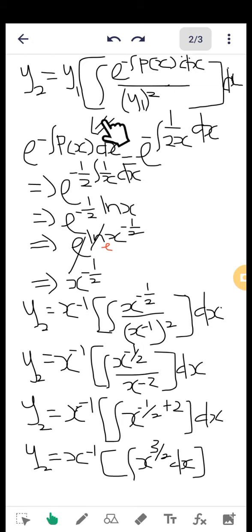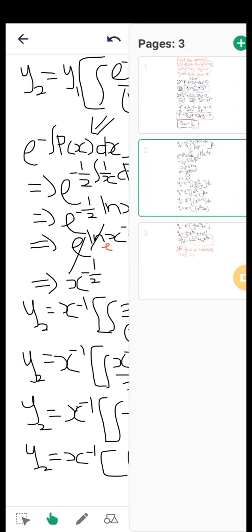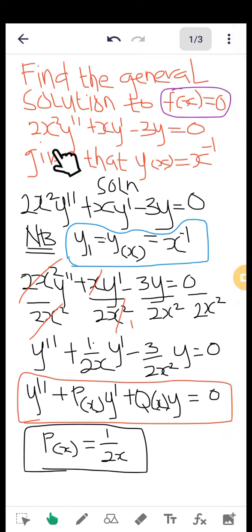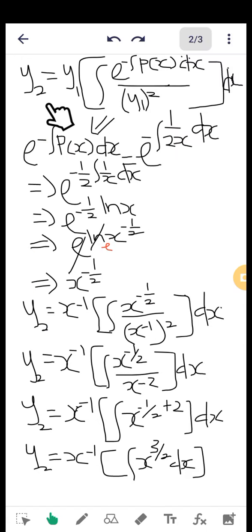This is the shortcut for homogeneous equations with non-constant coefficients. So we just keep this formula in mind.